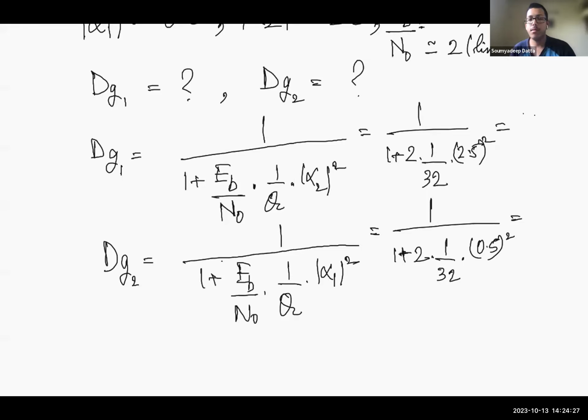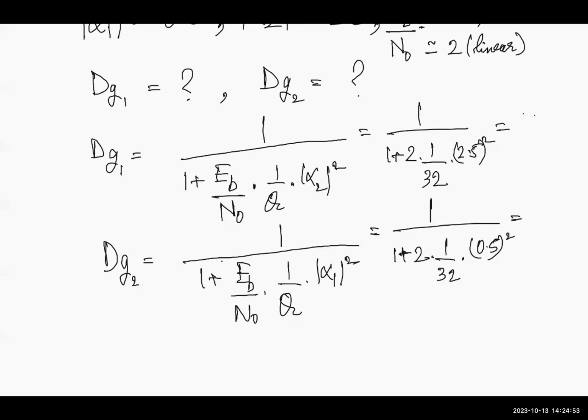If there was no interference, its SNR would be some value Eb by N naught, and because of this degradation factor, it has become 70% of what it would be. Or there is a 30% degradation, whichever way you call it. So that is why it is degradation. Does this make sense?